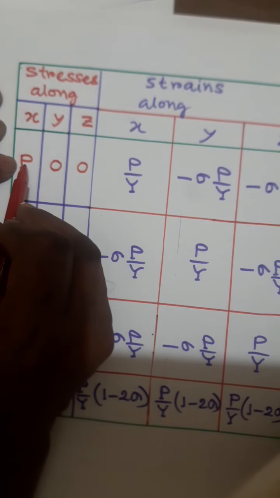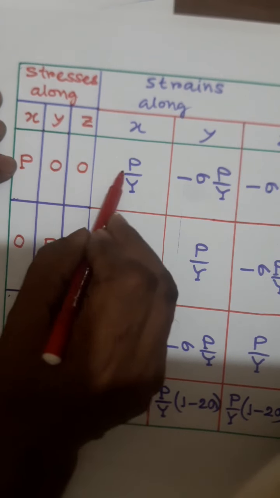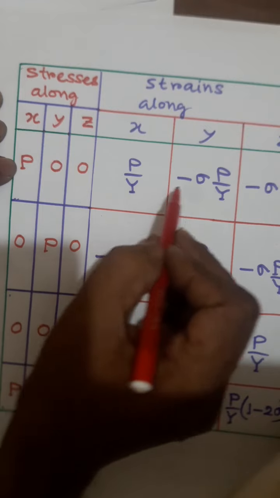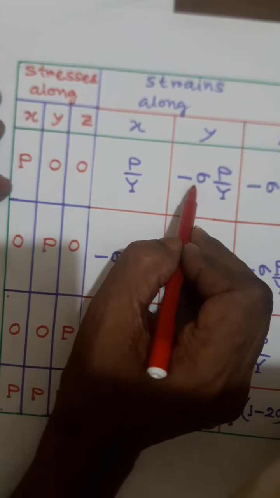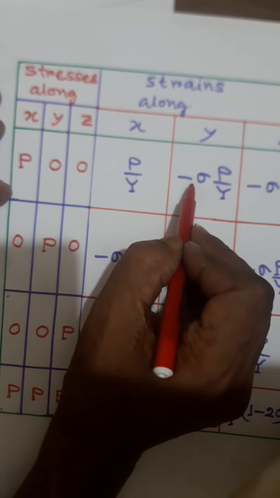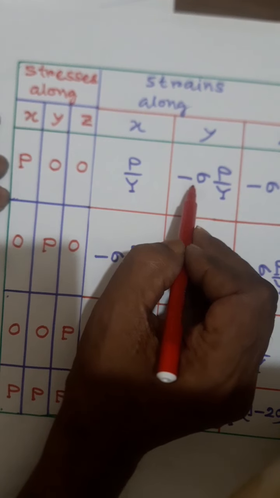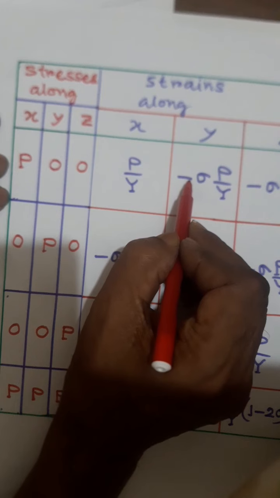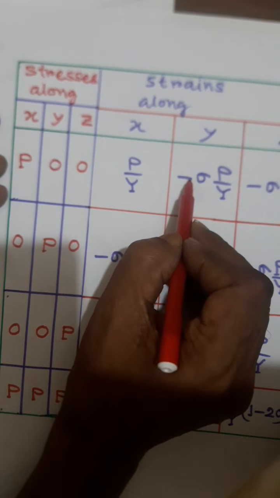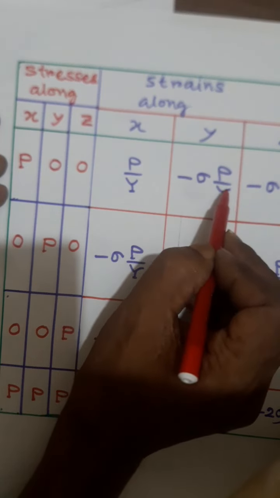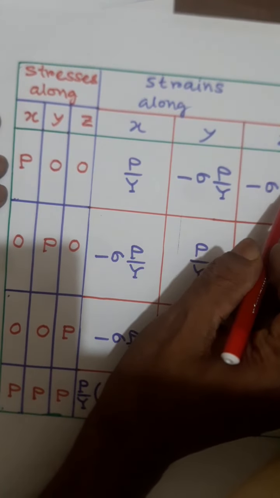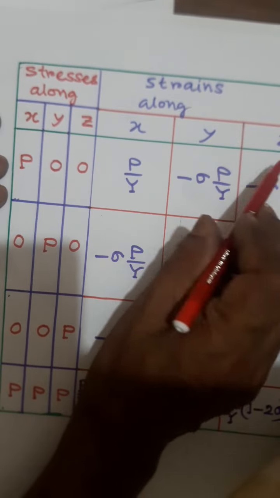Then the longitudinal strain along the x-axis is P by Y, and there will be a contraction in the y and z directions. Such a contraction is minus sigma P by Y along the y and z axes.